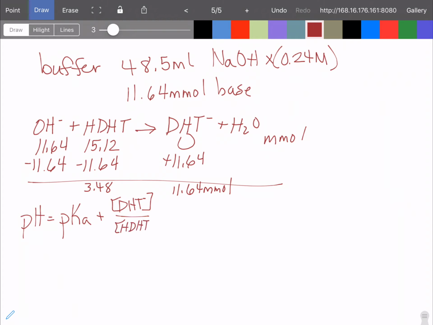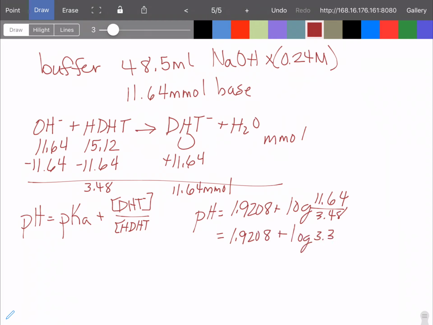HDHT. So pH is equal to 1.9208 plus the log of 11.64 over 3.48. So that's equal to 1.9208 plus the log of 3.3448, which is 1.9208 plus 0.5244.